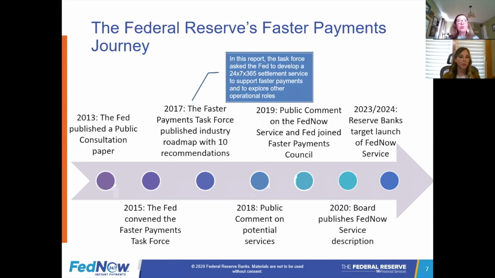And this was great because we felt like all of these voices were really needed in the conversation. And so we ended up with more than 300 members as part of the Faster Payments Task Force. And they met over a 2-year period.